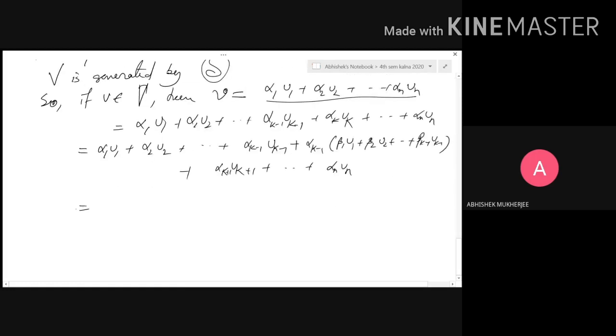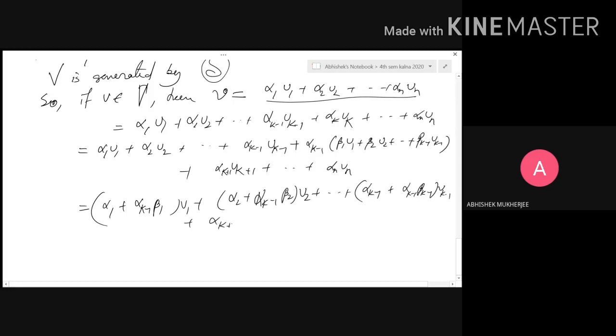By doing easy calculation, it will be (alpha 1 + alpha k beta 1) V1 + (alpha 2 + alpha k beta 2) V2 + ... + (alpha k-1 + alpha k beta k-1) Vk-1 + alpha k+1 Vk+1 + ... + alpha n Vn.